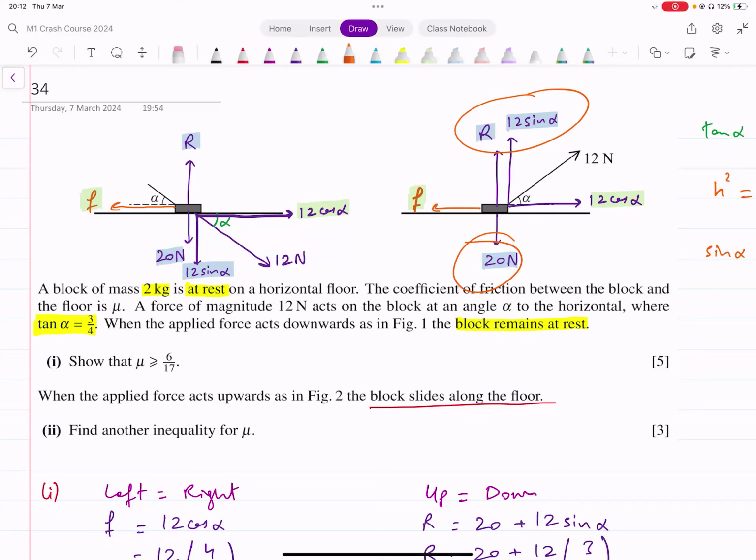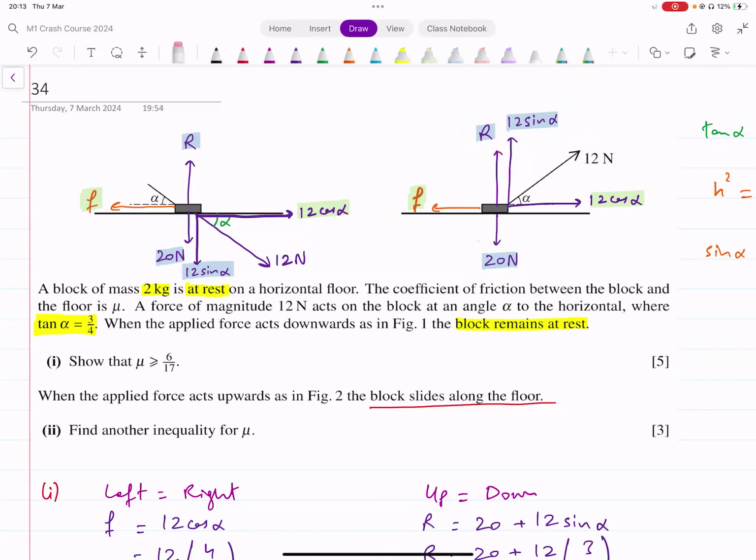Sir, they will be equal. They're going to be equal. Why? The object is moving. But it's moving in a straight line. It's moving in the horizontal direction, right? Yes, sir. There's no movement vertically. Since there's no vertical movement, that means the vertical forces are going to be equal to each other, right?